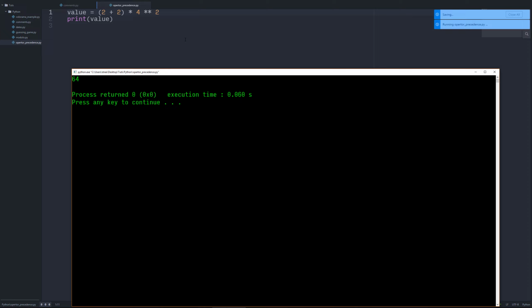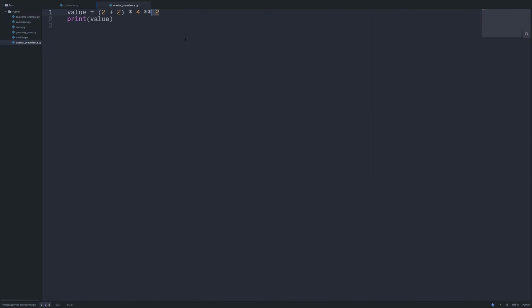As you can see, that's because the exponent operator is taking the highest priority while the parentheses are technically operated on first. So we have a 4 times 4 to the power of 2. This math is done as soon as that 2 plus 2 is evaluated into a 4, and then it's in essence doing this, which would give us our 64.